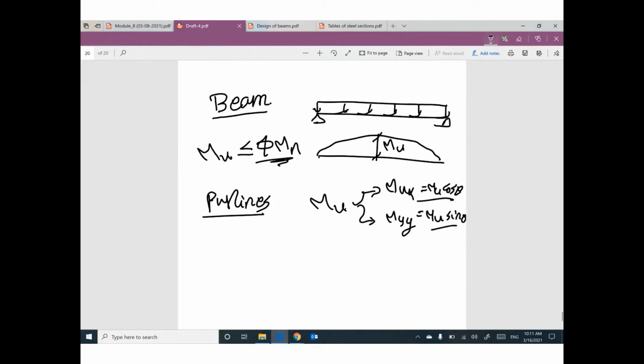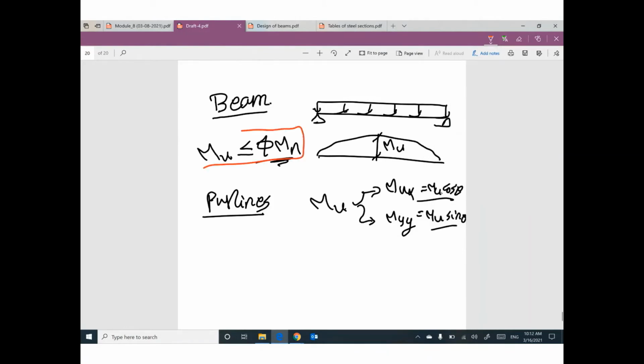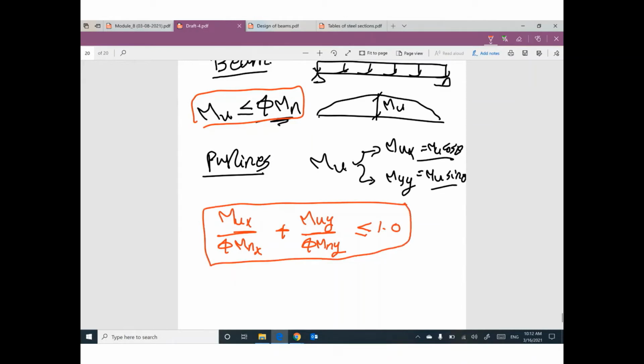Because we have two components, we cannot use this one only. We need to use the interaction equation. So M ultimate about X divided by phi Mn X plus M ultimate Y divided by phi Mn Y must be smaller than or equal to 1. This equation is called the interaction equation if you have two components of moment. Does that make sense?